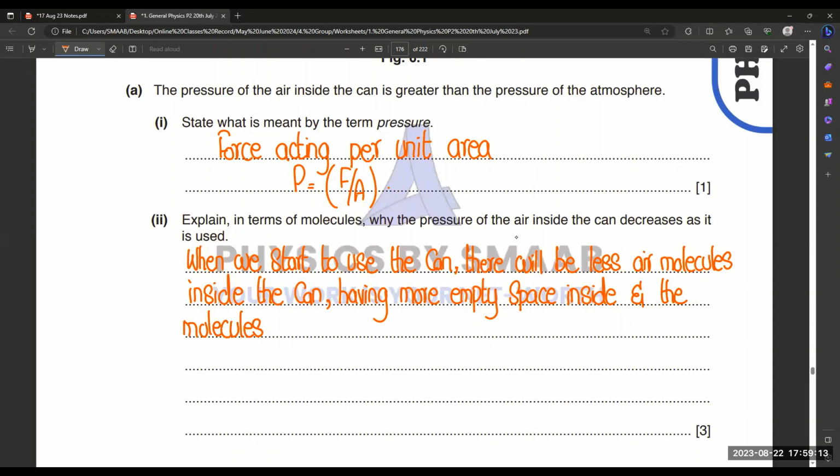And when you are filling air molecules inside the tire, there are basically a greater number of molecules, right? So now we have less air and more empty space inside, and the air molecules start to move away from each other.